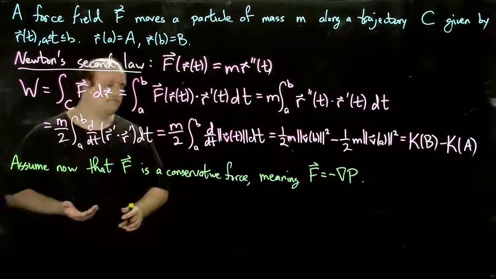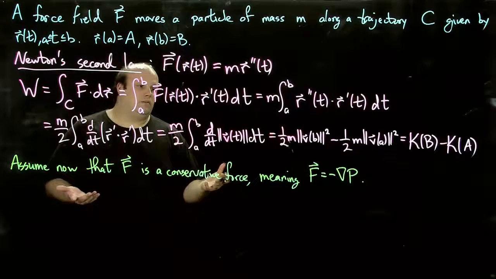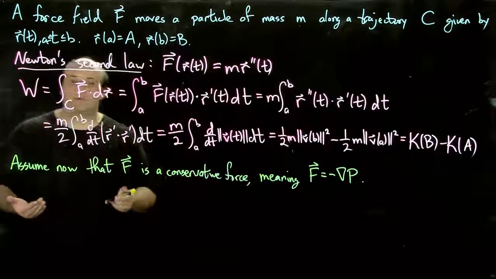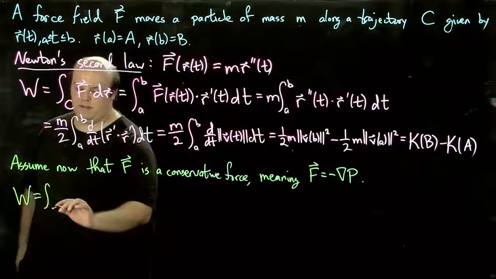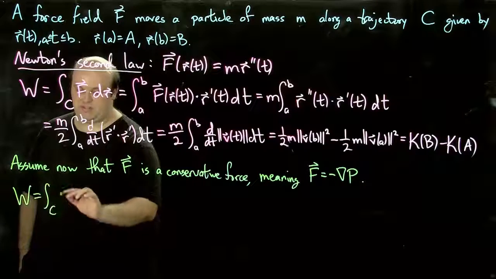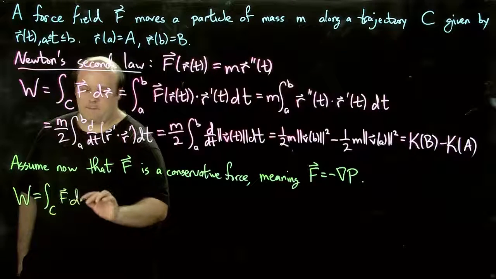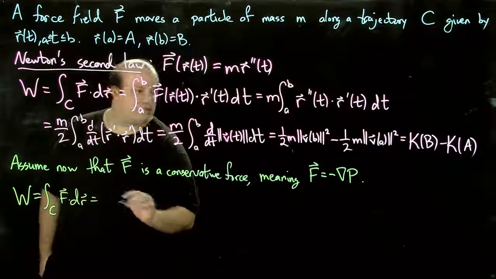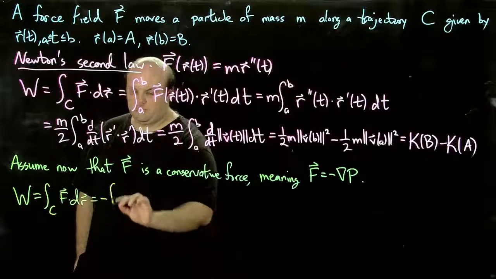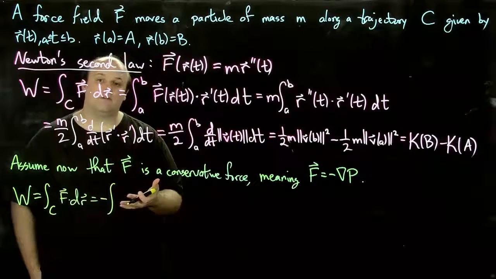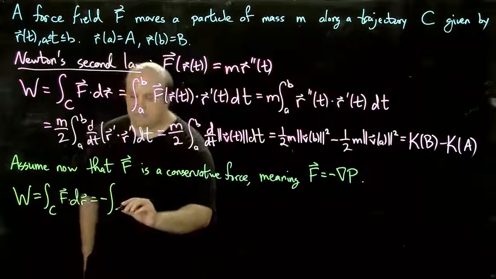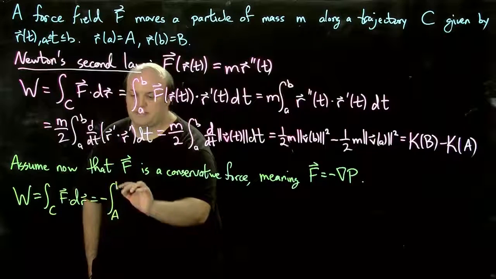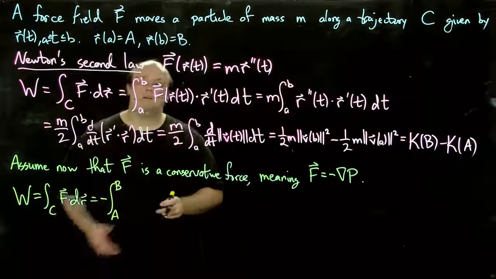So, with that knowledge, what is the work done? So we're still interested in computing this, but let's pull out that minus sign, and since it's a conservative vector field now, it's independent of path, so I'm just going to write the integral from capital A to capital B, right?